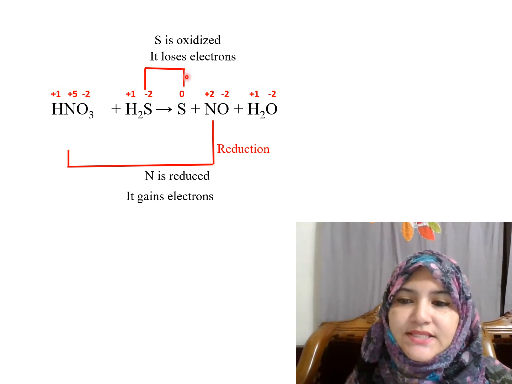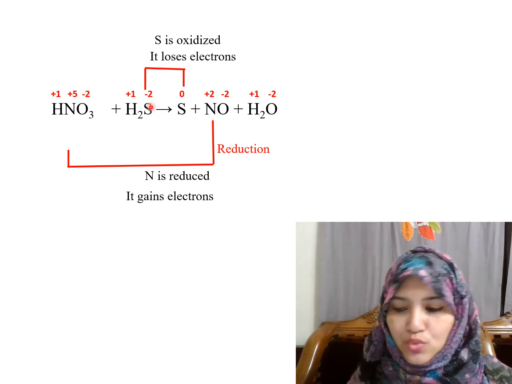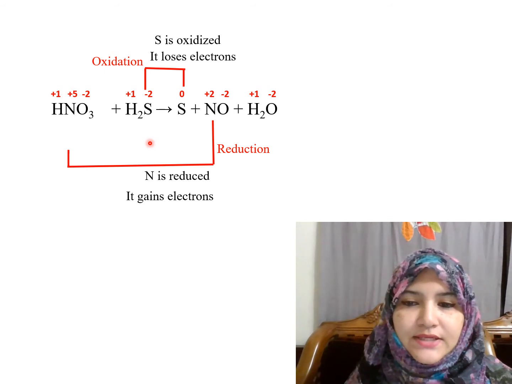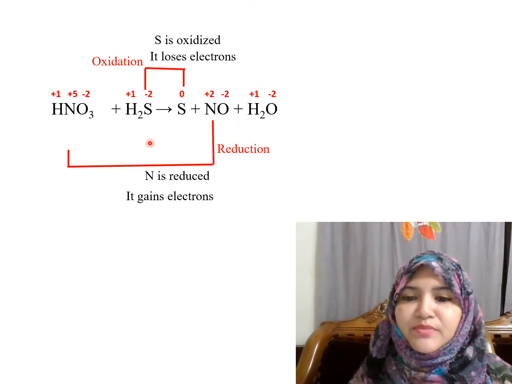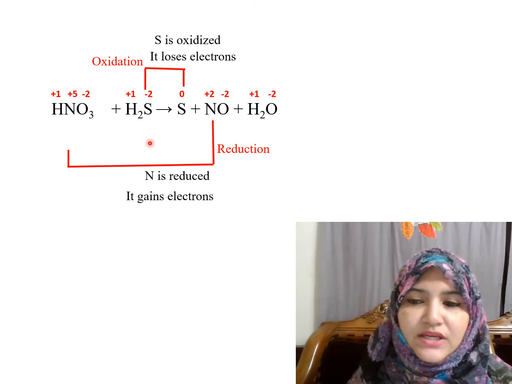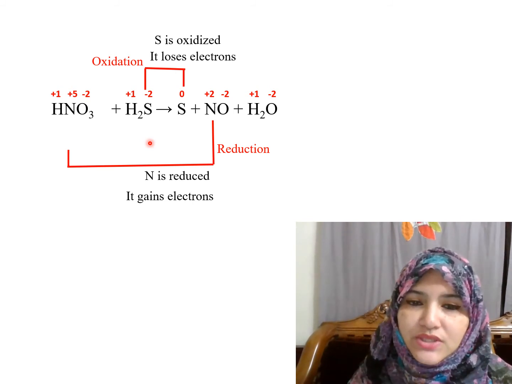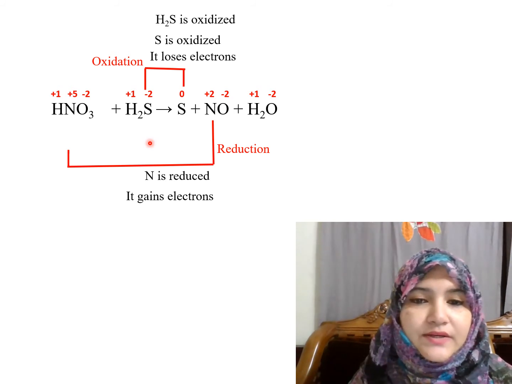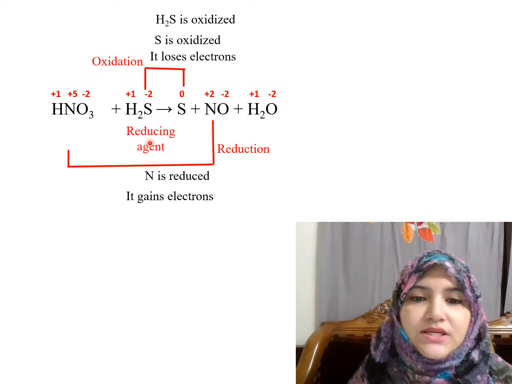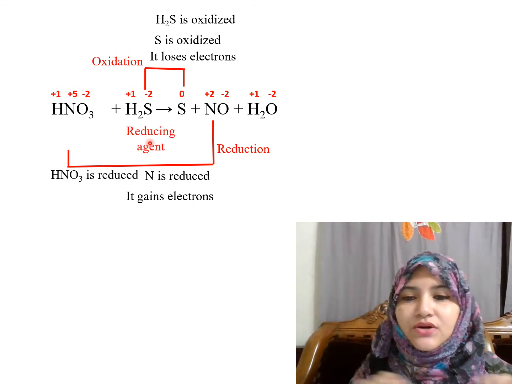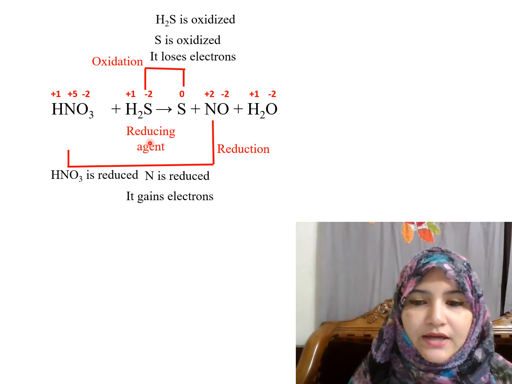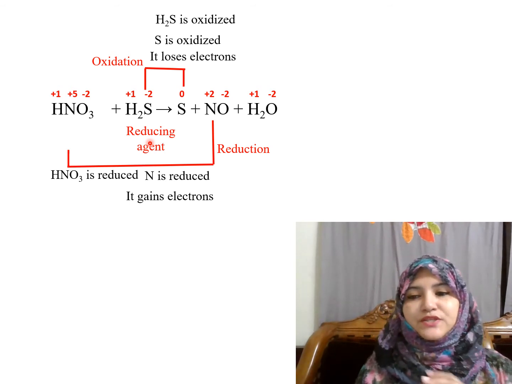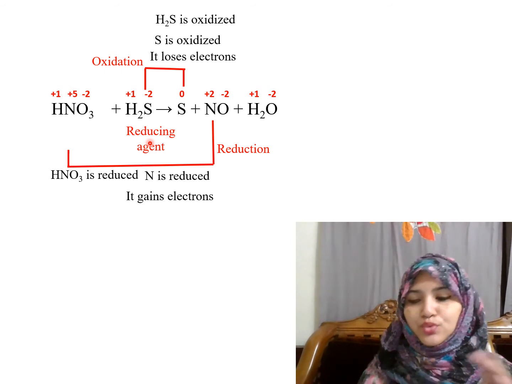So this is changing from -2 to 0, becoming less negative. The oxidation number goes up, which means that oxidation is taking place here. That means sulfur is oxidized, it loses electrons. Sulfur is being oxidized from -2 to 0.